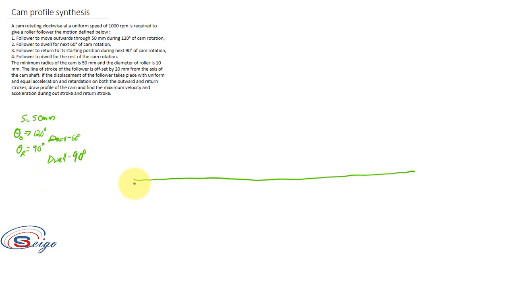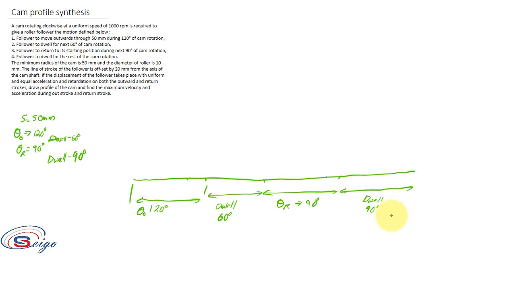So I am dividing this: this much portion is 120 degree, that means theta outstroke, and after that there is a dwell for 60 degree, again the theta return stroke for 90 degree, and the remaining is again the dwell of 90 degree.